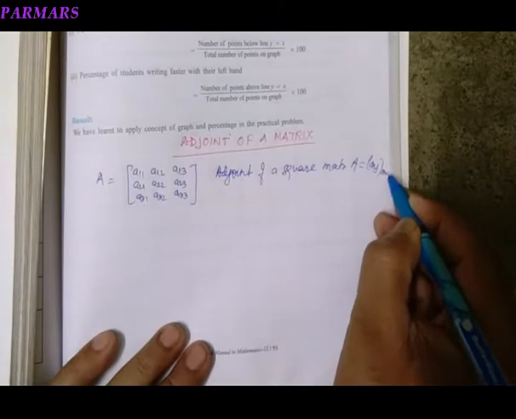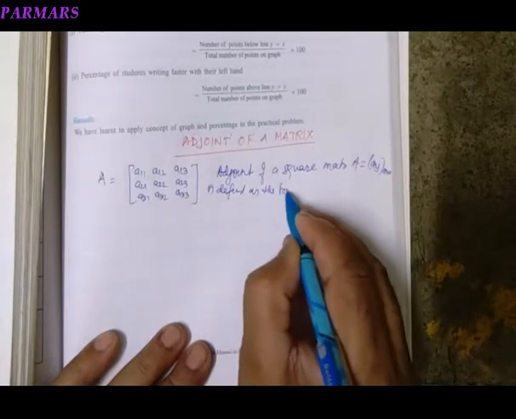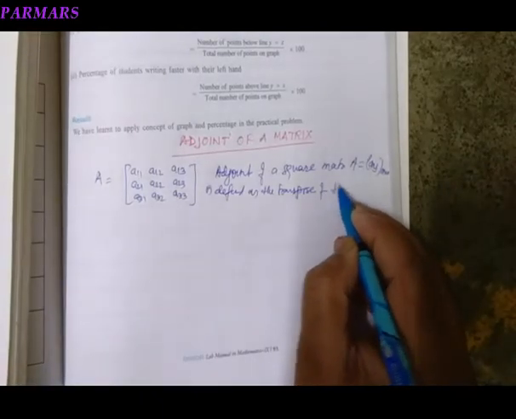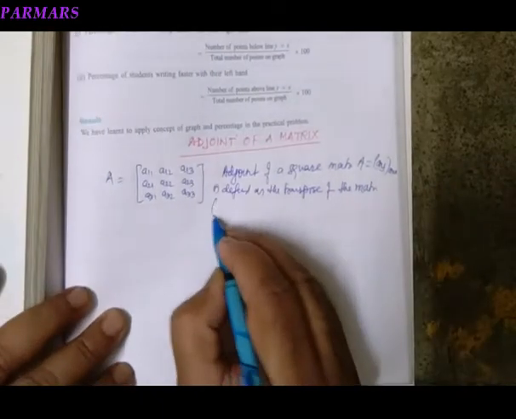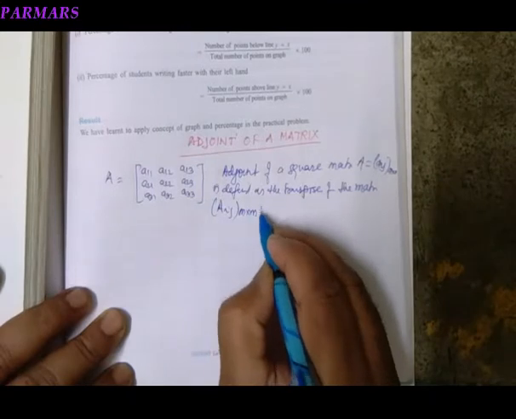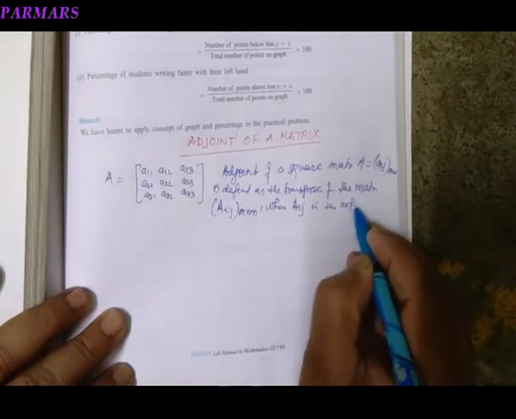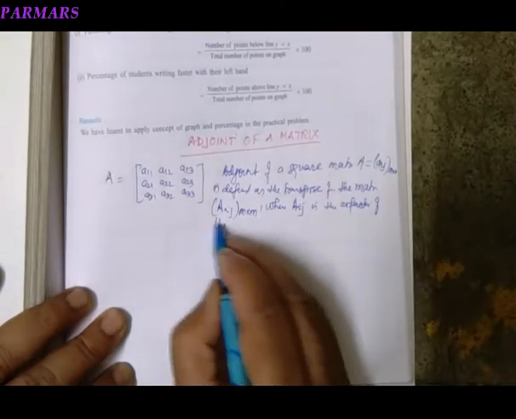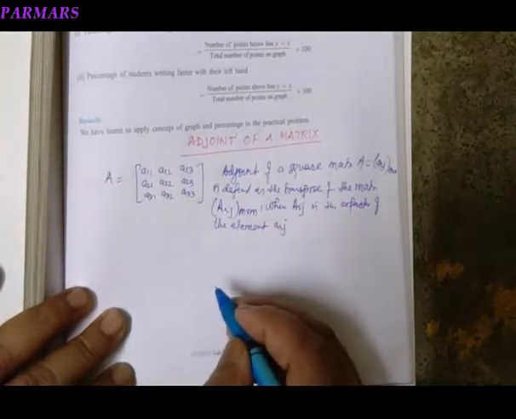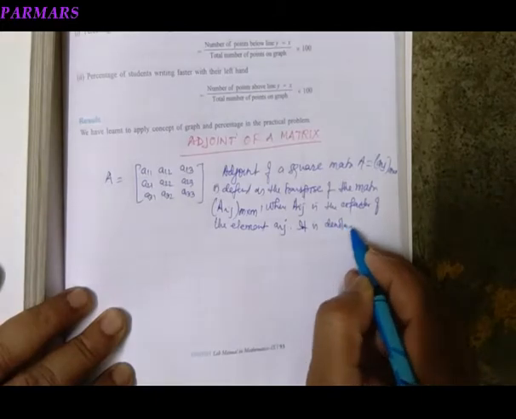A of order m cross m is defined as the transpose of the matrix Aij, again of order m by n, where Aij is the cofactor of the element aij. Okay, so this is the adjoint.